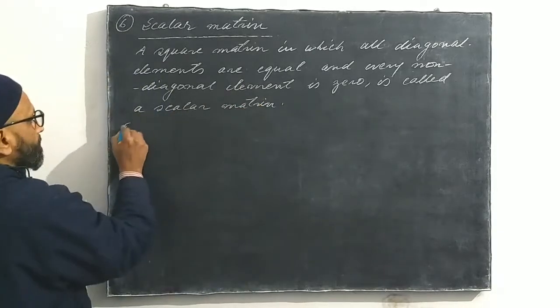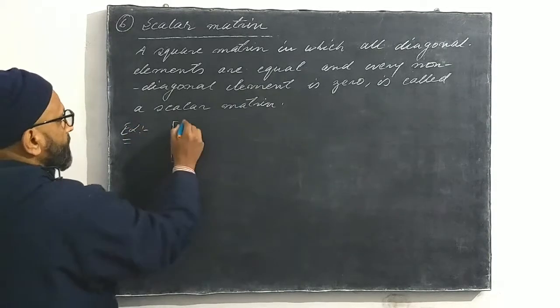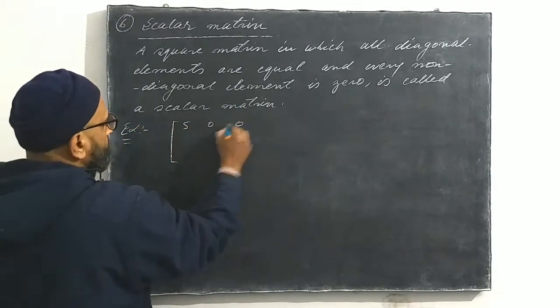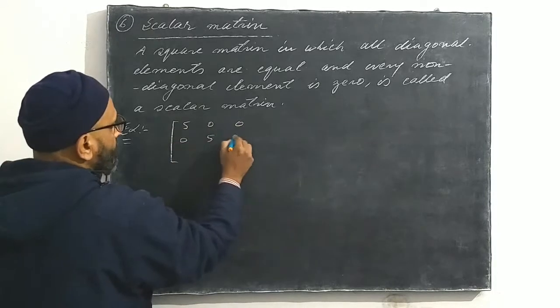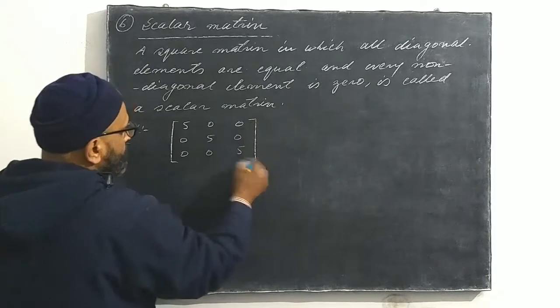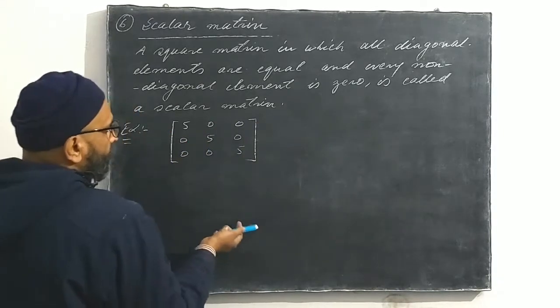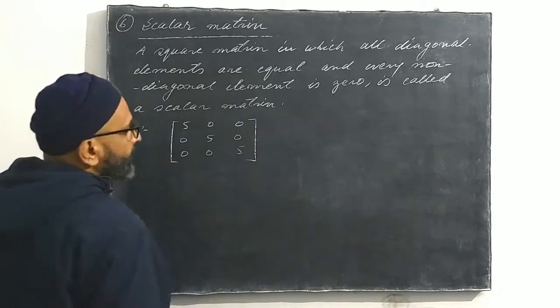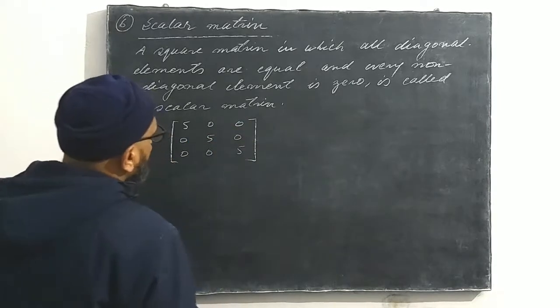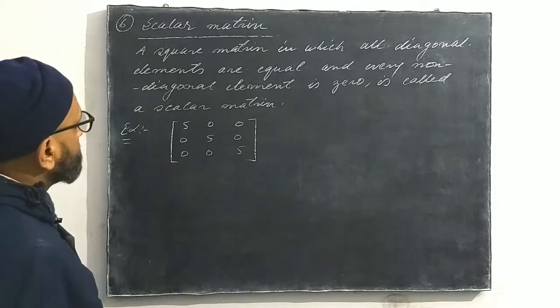For example, the matrix 5 0 0, 0 5 0, 0 0 5. In this matrix you see all the diagonal elements are equal and every non-diagonal element is 0. So this is a scalar matrix.